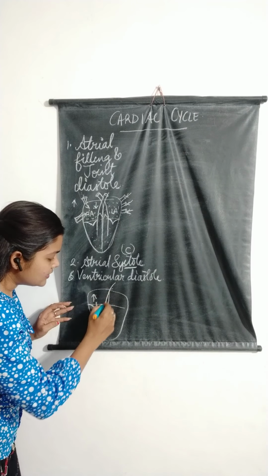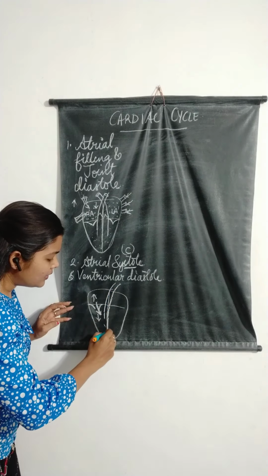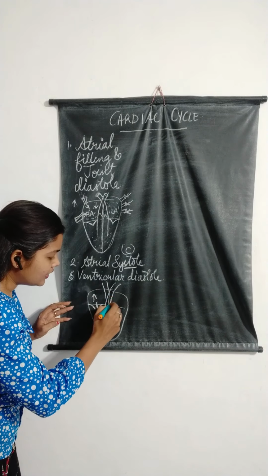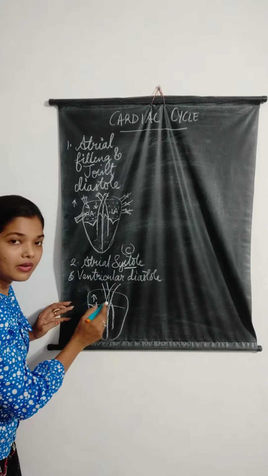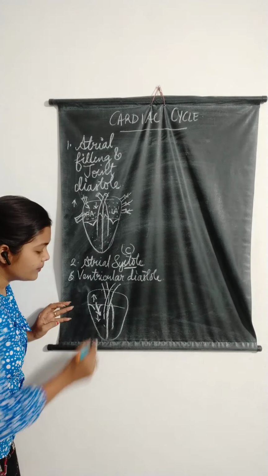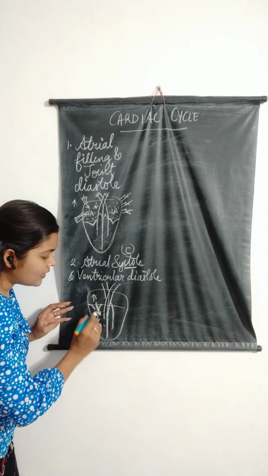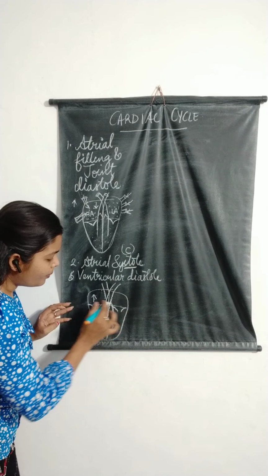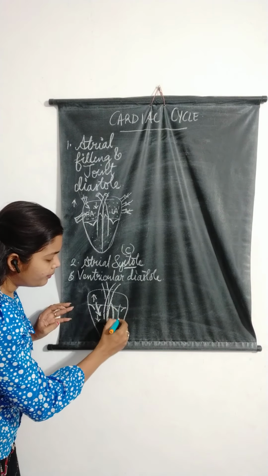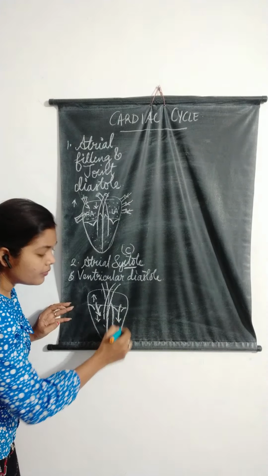At the same time, the semilunar valves continue to remain closed. These blood vessels have semilunar valves which remain closed. The right atrium as well as the left atrium cause the opening of the AV valve, permitting blood to enter the ventricles.